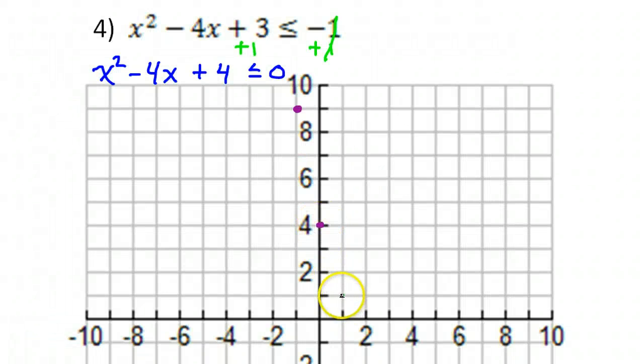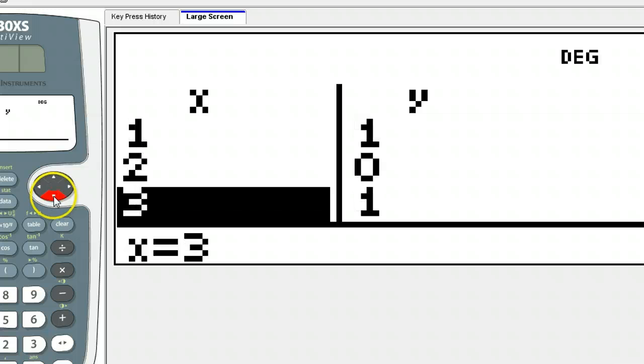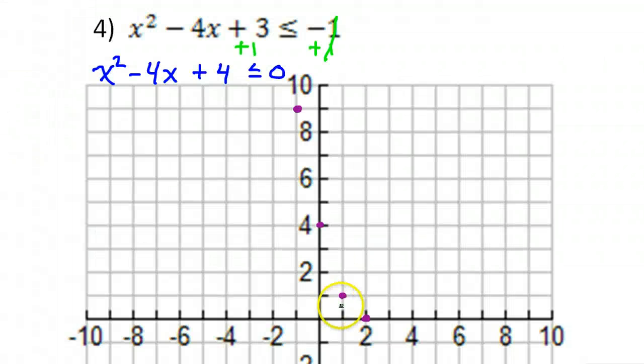So there's 4, 1, and 0. And then I have 1, 4, and 9. Okay, so as you can see, at this point I'm just graphing every point off my calculator that fits on the graph. So I find that's a good place to start.